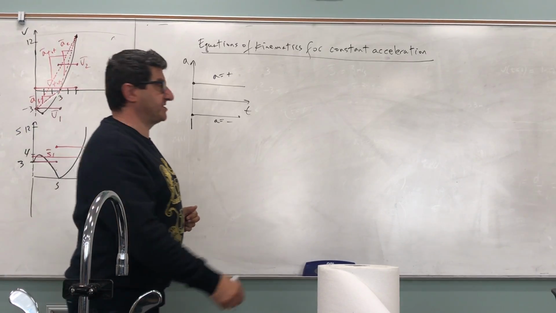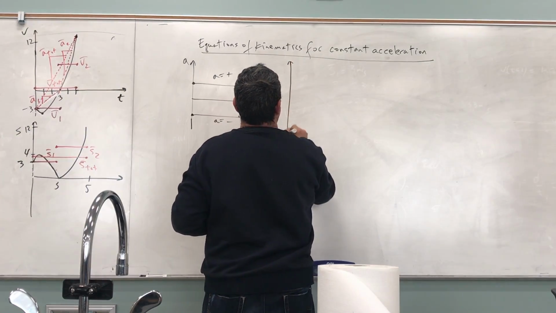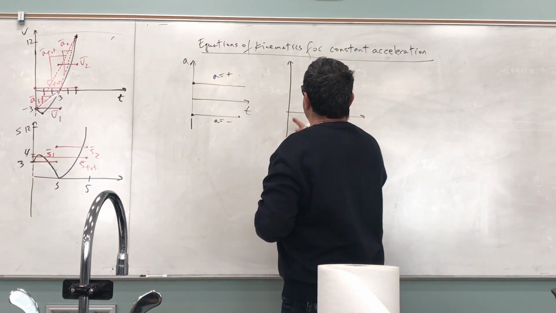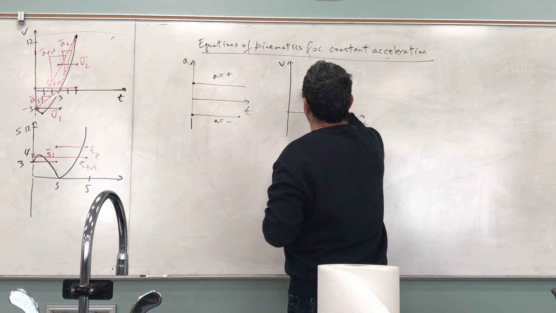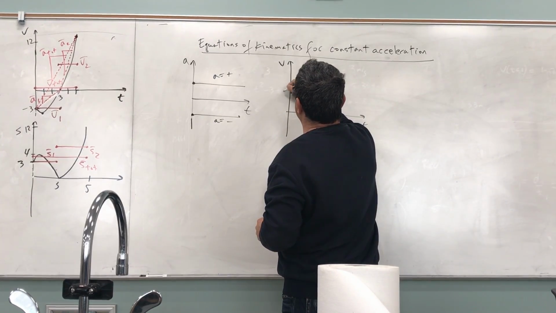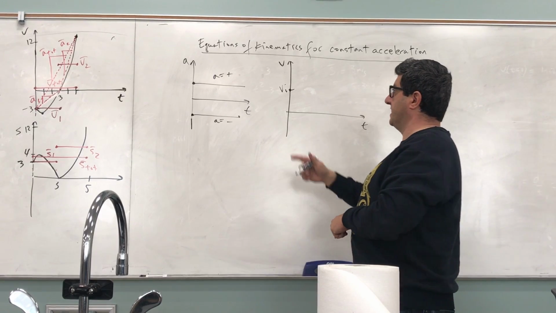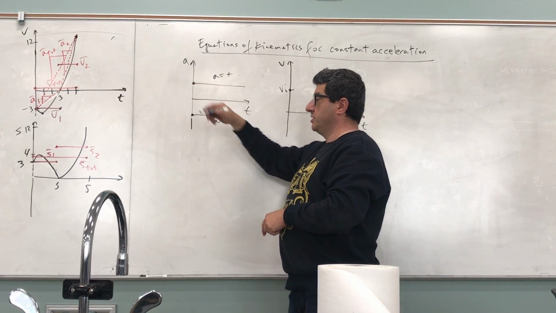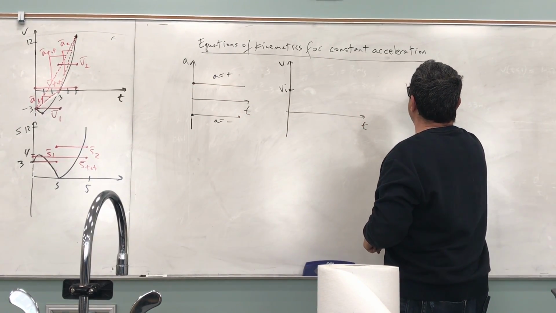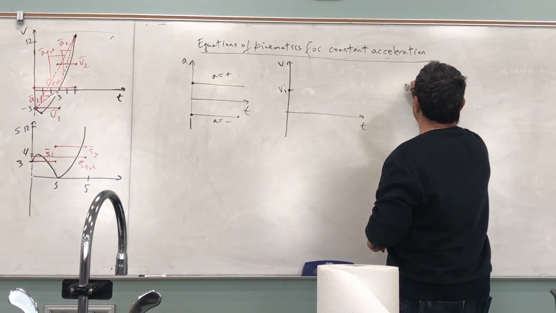Now, how is the velocity going to be? The velocity depends on if the velocity starts out positive, right? Because remember, velocity is the integral of acceleration. So the general equation for v is going to be the integral of a dt.